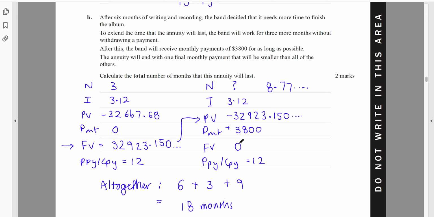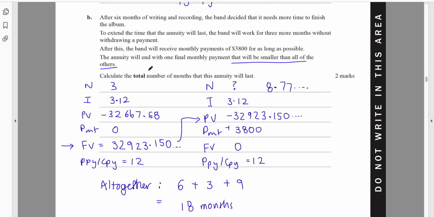So that's why I put a 0 there for FV. I then press enter on N and it's given me 8.77. So that means 8 full payments and 1 smaller one because we've got 0.77 of a payment. And you'll notice it does mention that here. There's one more one that's going to be smaller than the others. So we're still considering that as a payment, but it is a smaller one.